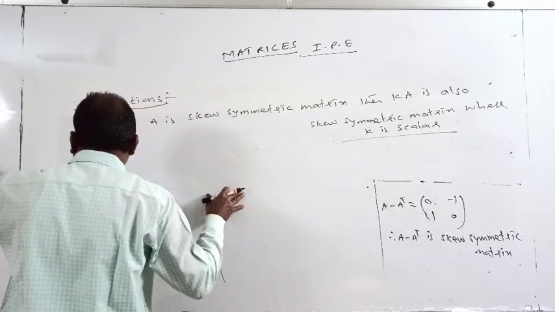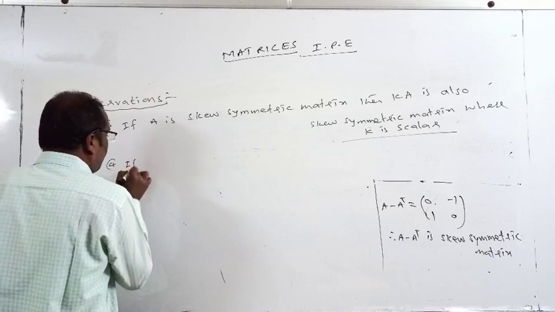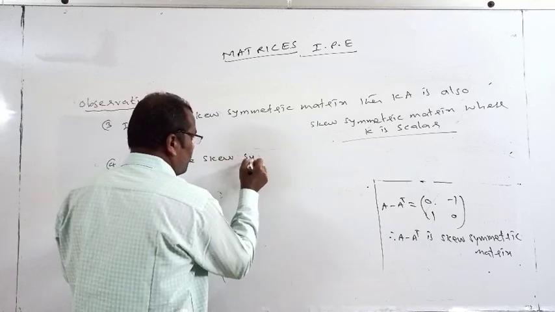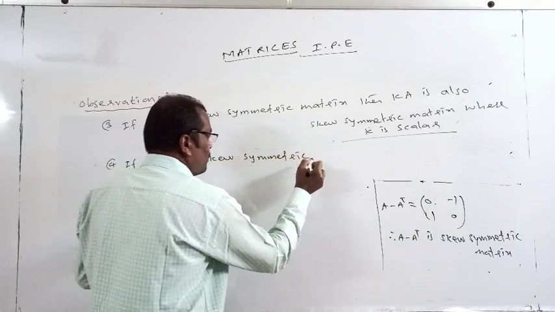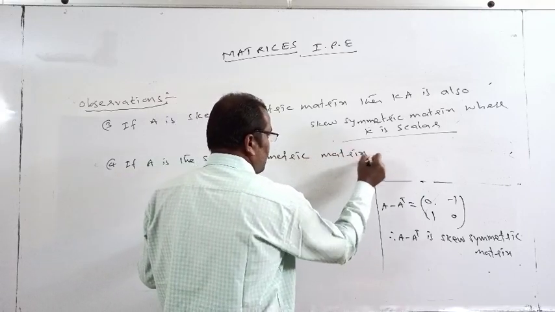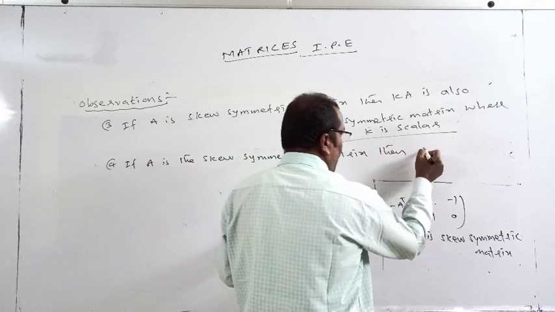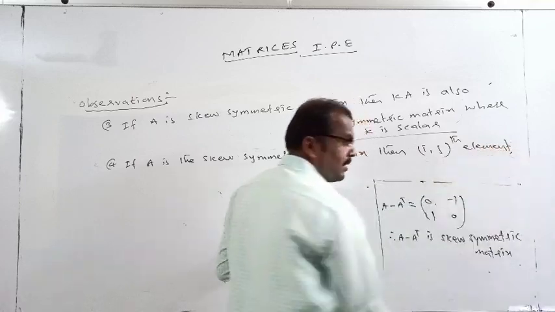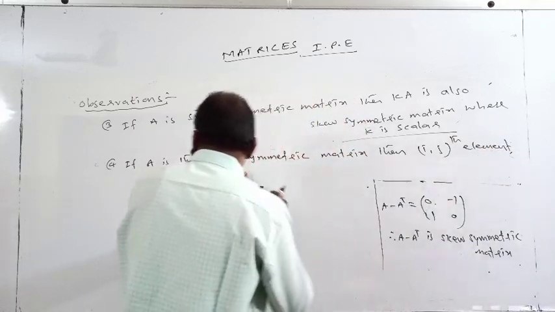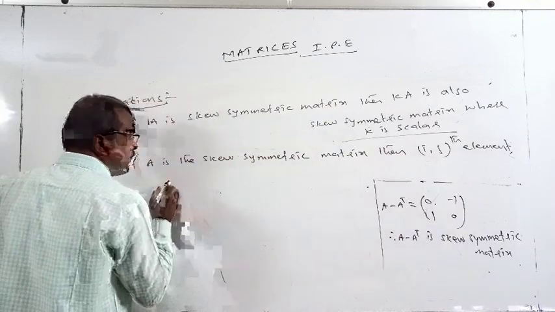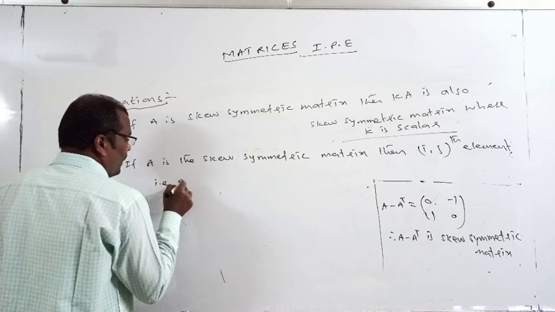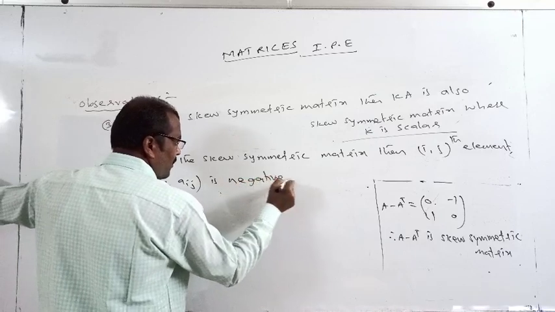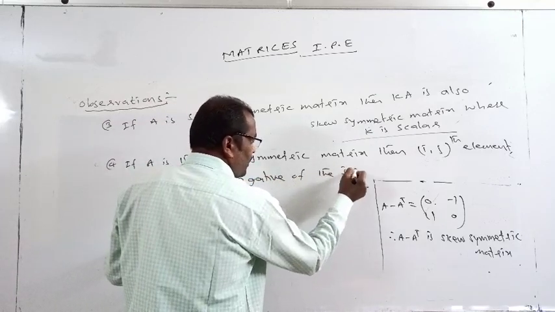Now the fourth one is the most important property. If capital A is a skew symmetric matrix, then the i comma j element, Aij, is the negative of the j comma ith element.